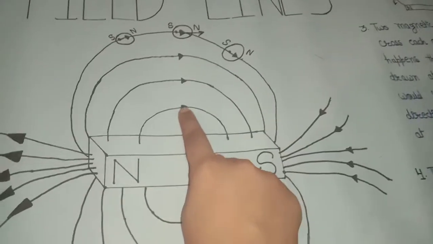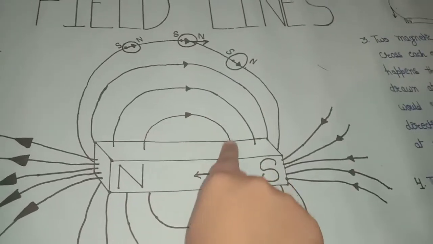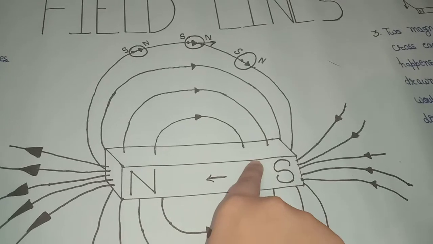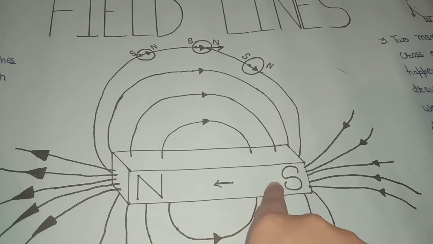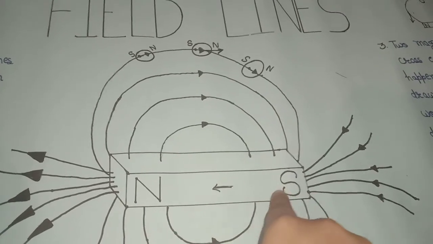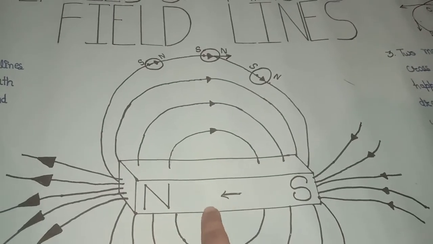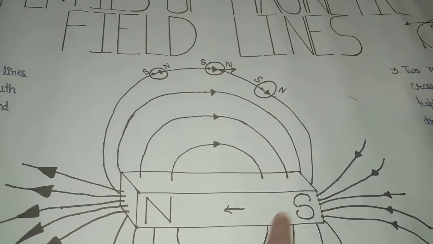We can see the direction. This is from north pole to south pole outside the magnet, and in the same way from south pole to north pole inside the magnet. Hence, it is completing the closed curve.